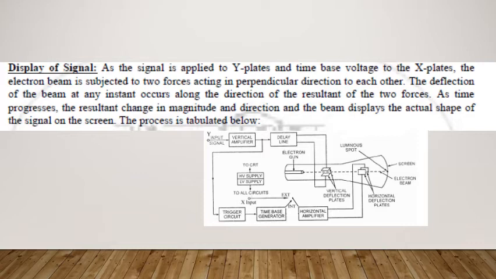The deflection of the beam at any instant occurs along the direction of the resultant of the two forces. As time progresses, the resultant changes in magnitude and direction, and the beam displays the actual shape of the signal on the screen.